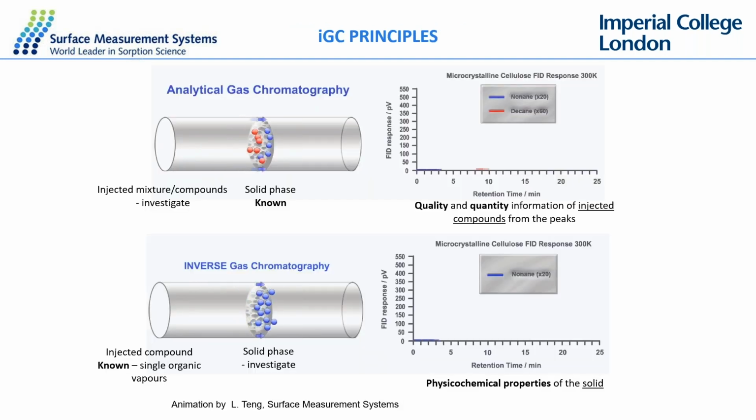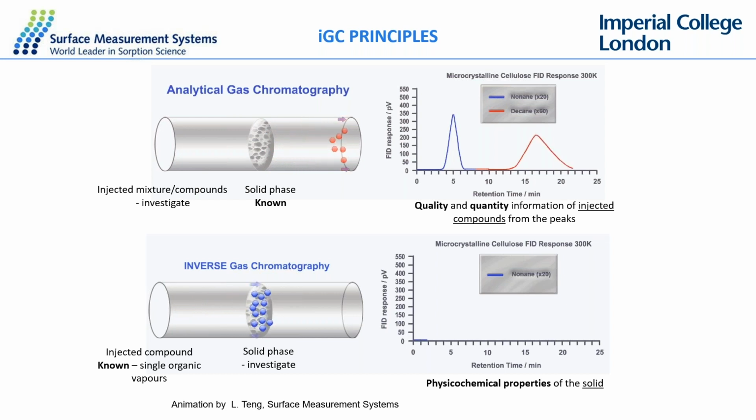I'll just talk about the IGC principle. This slide shows an animation of the IGC principle and the difference between analytical and inverse gas chromatography. In analytical gas chromatography, the solid property is known, and we get the quality and quantity information of the injected compounds.